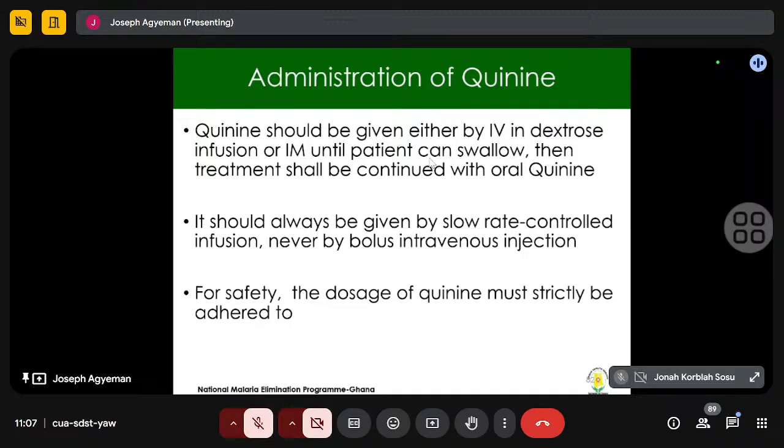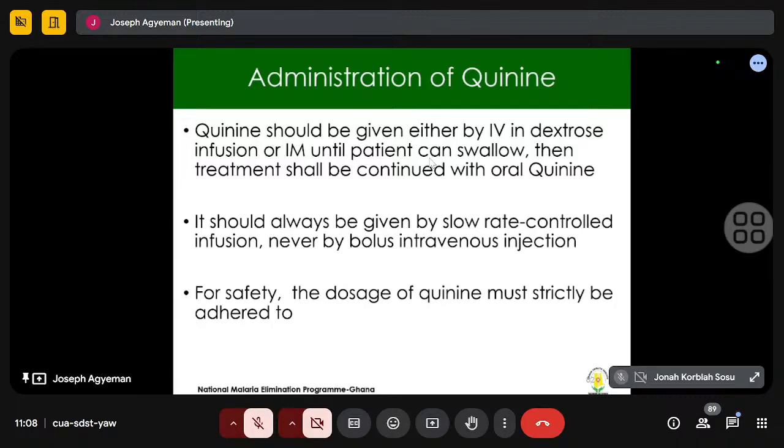Pediatrics, adult, it is always 10 milligram per kilogram body weight, 8 hourly, for 7 days. That is if you want to go all the way out. But for the injections, depending on the route that you are going, there are issues that you need to also learn.